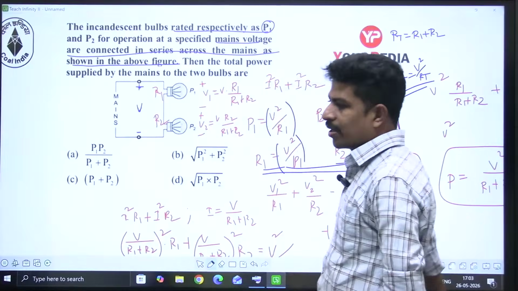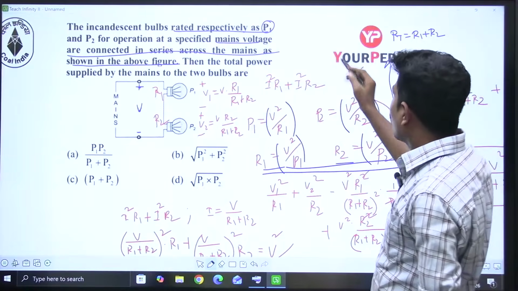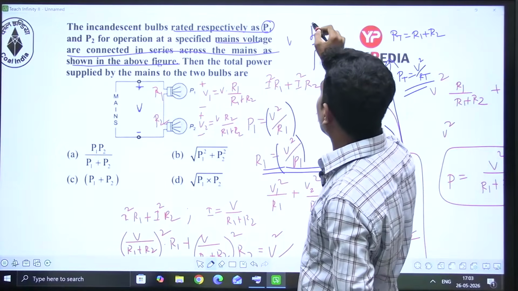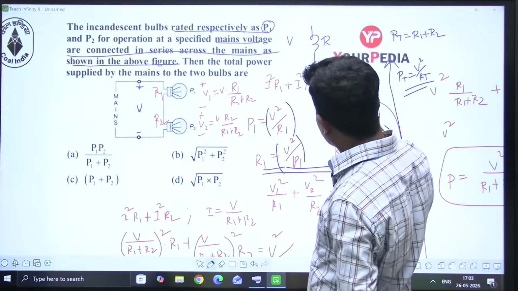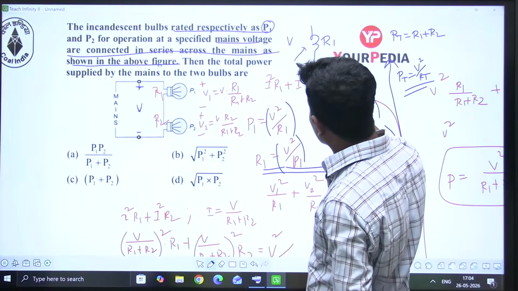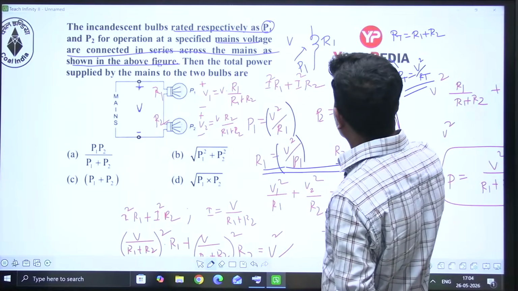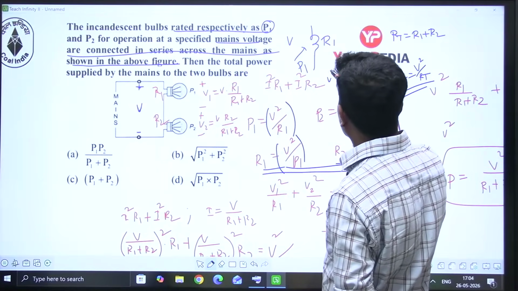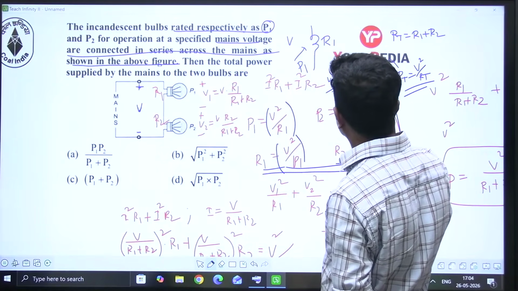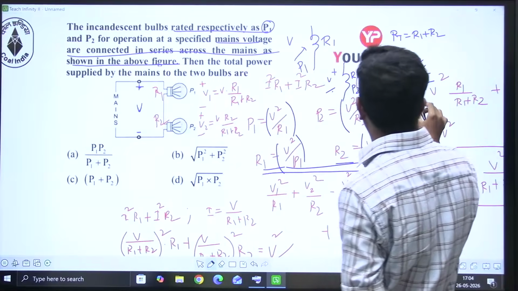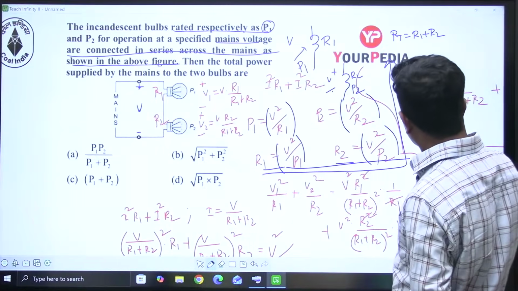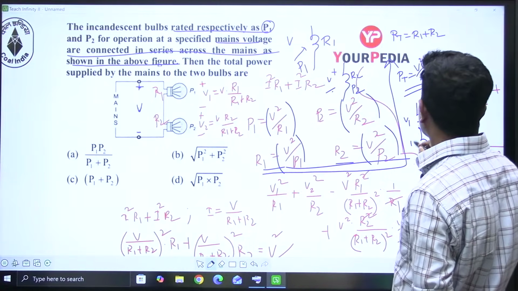What does he mean is, whenever total voltage of V you apply and its resistance is R1, now this is consuming a power of P1. When total voltage V you apply, its resistance is R2, now it is consuming P2. Now both he connected in series, no more this voltage is V, this is V1, this is V2.